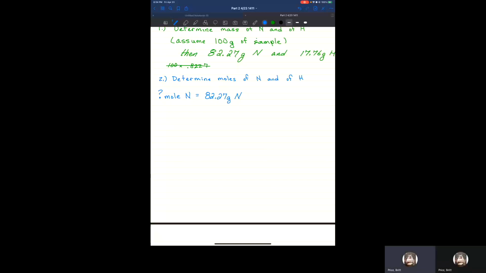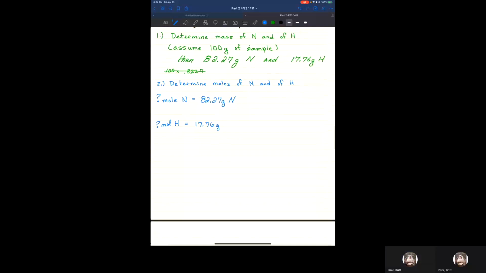And then the next calculation would be how many moles of H are equal to 17.76 grams of H.